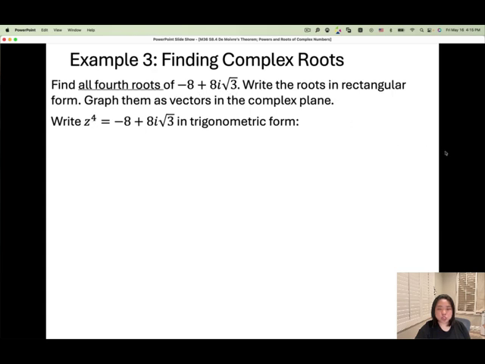Now I want you guys to try to convert this into the trigonometric form. Remember the first step: think about which quadrant it is. Negative x and then x square root 3. It should be quadrant 2. Find out the R and then find the argument first.